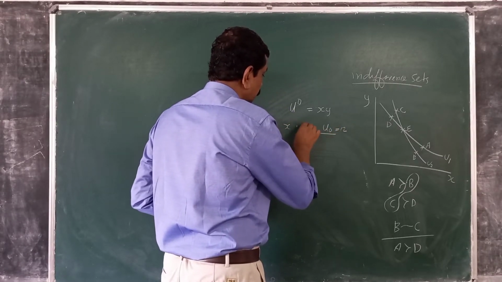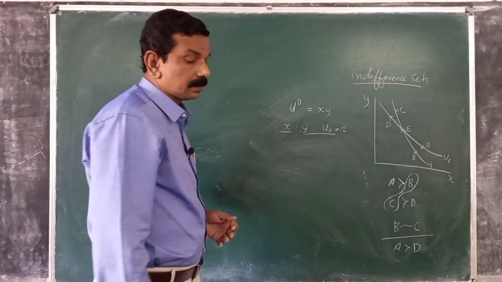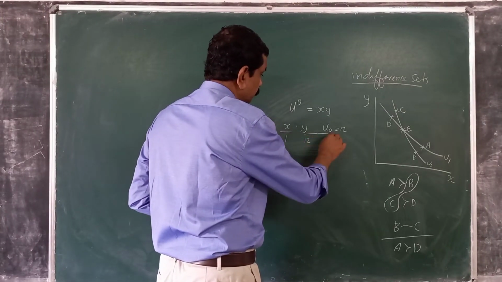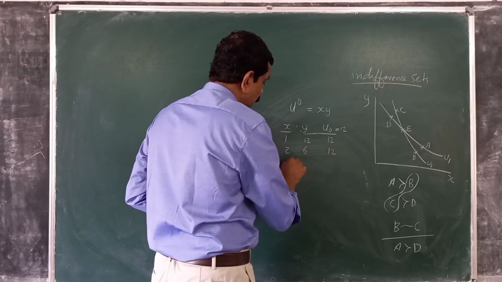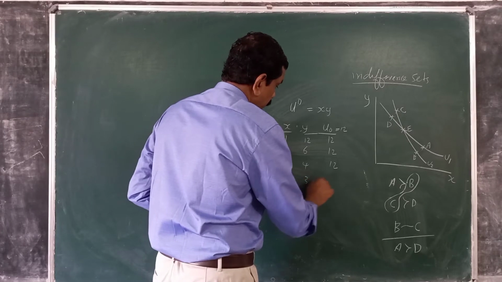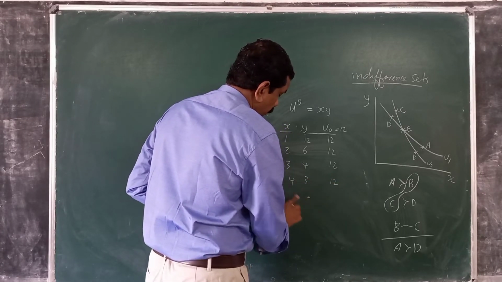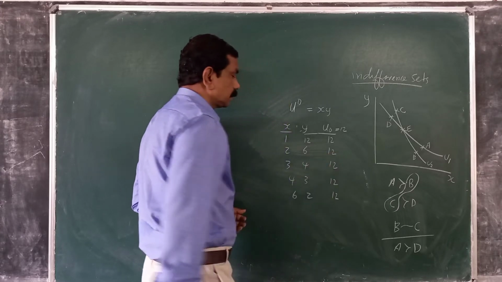Combinations of x and y which yield a level of utility equal to 12 may be 1 and 12, 2 and 6, 3 and 4, 4 and 3, 6 and 2, like this.